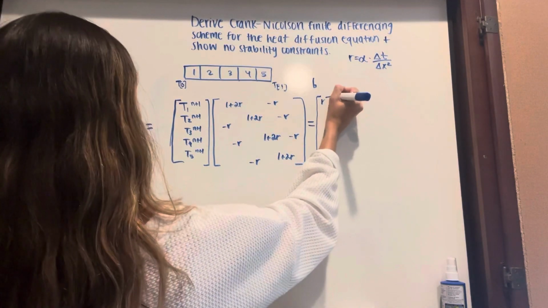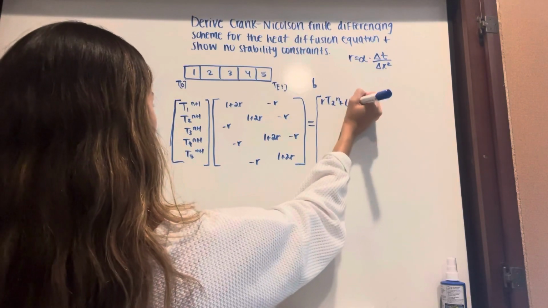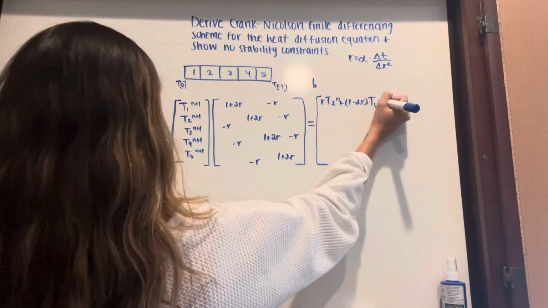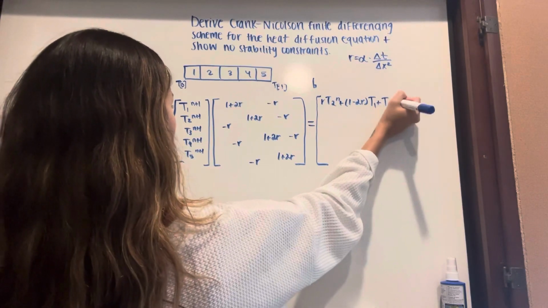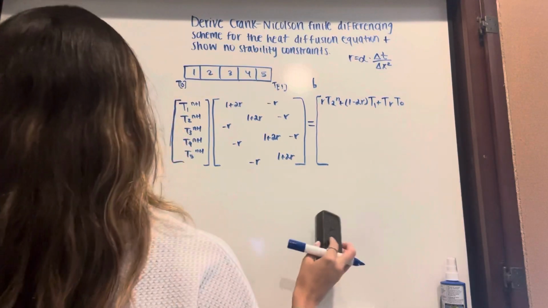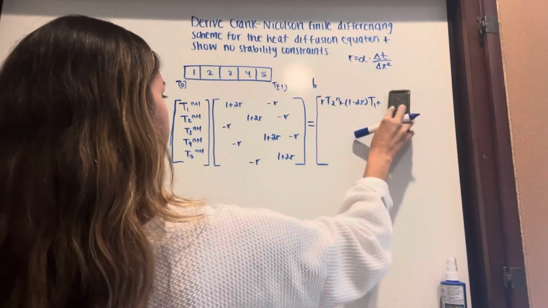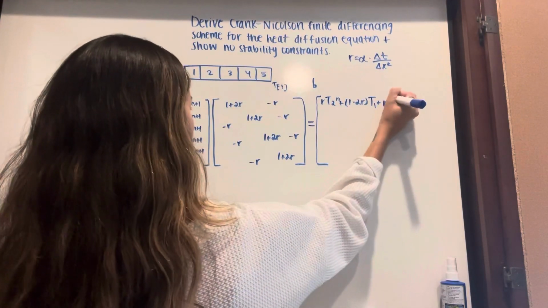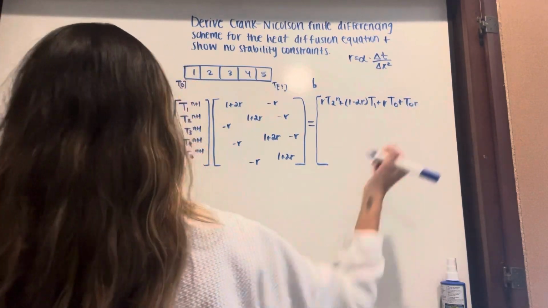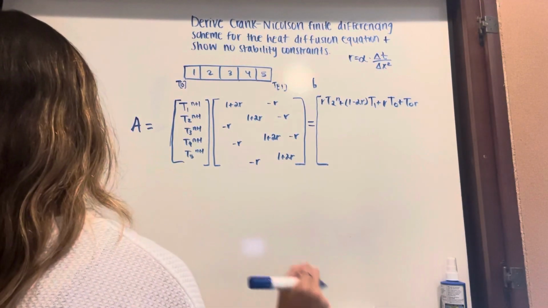So we're going to have r T2 n plus 1 minus 2r times the temperature at 1 plus, not tr, plus r times T at the beginning, plus T0 times r. All right, and then we're just going to do the same for 3, 4, and 5.